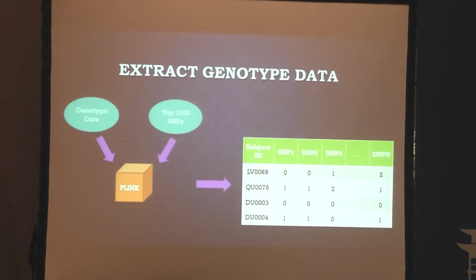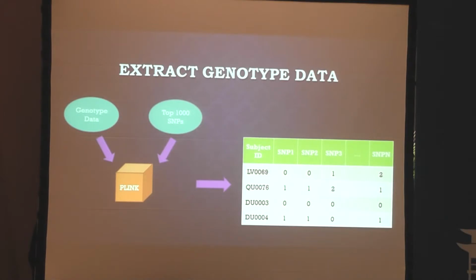The reason why we use the top 1,000 SNPs to begin with is that it would greatly shorten the time of the experiments, and we just want to see whether my algorithm works or not. So we simply select the top 1,000 SNPs, and then use PLINK as a tool to clean the data and also conduct the quality control.